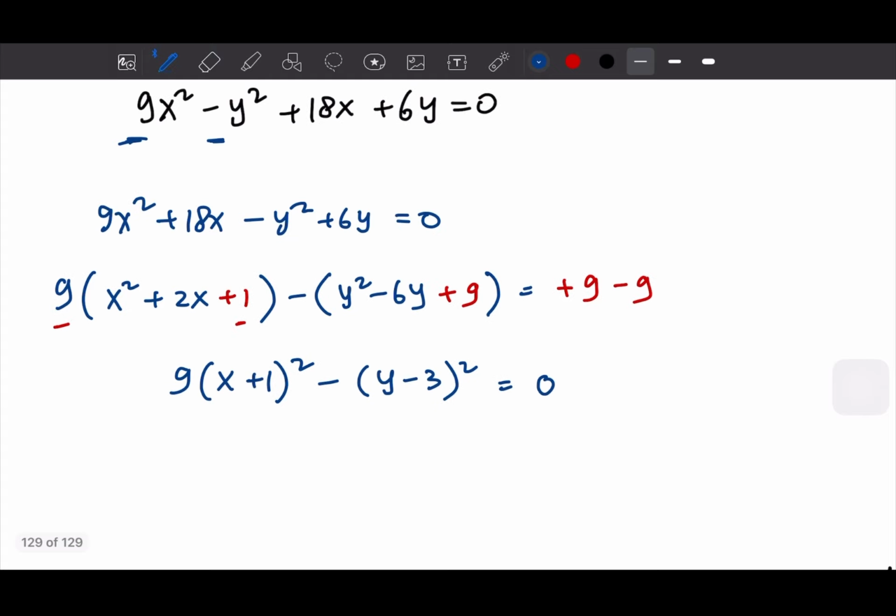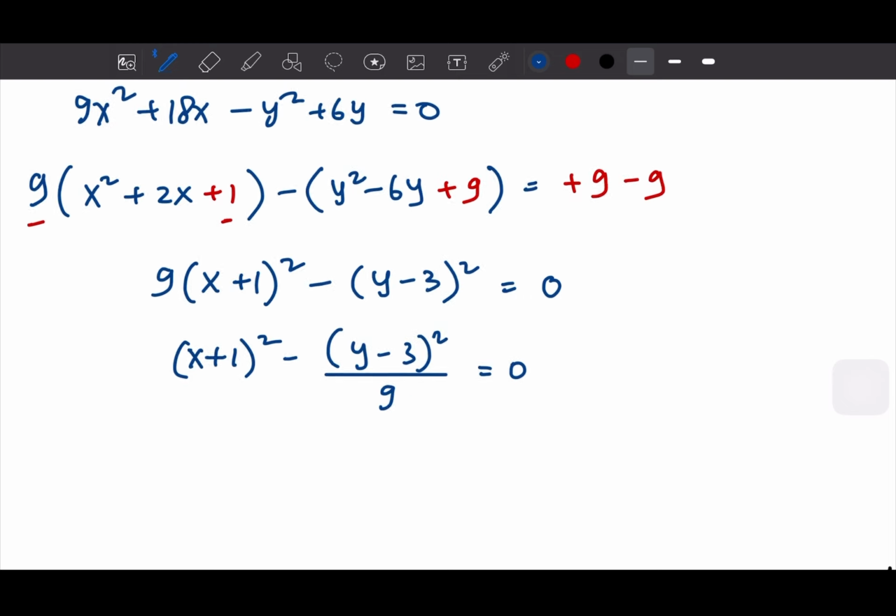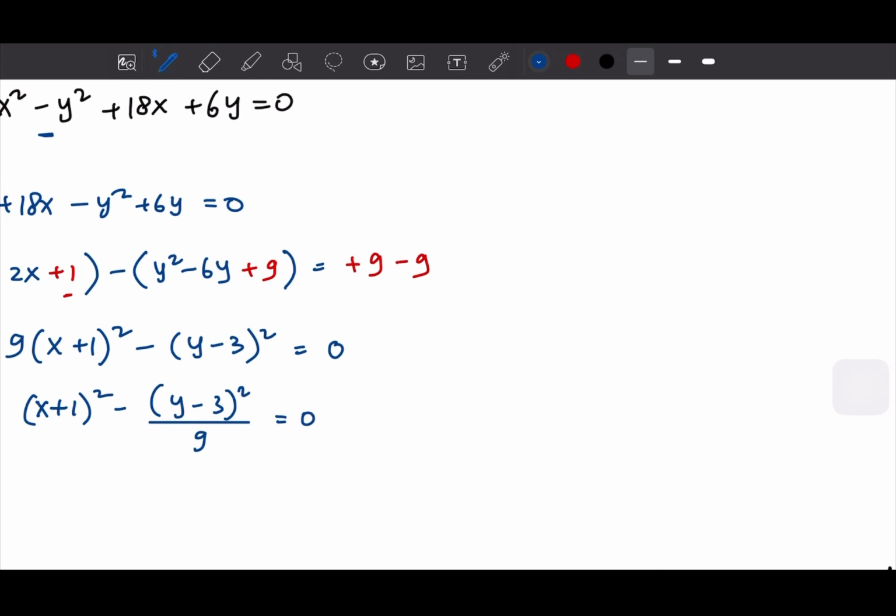So what does it mean? If we write this in a more proper way, it seems like a hyperbola, but it's equal to 0. So what is this? Because it's 0, we could take y minus 3 squared equals 9 times x plus 1 squared.